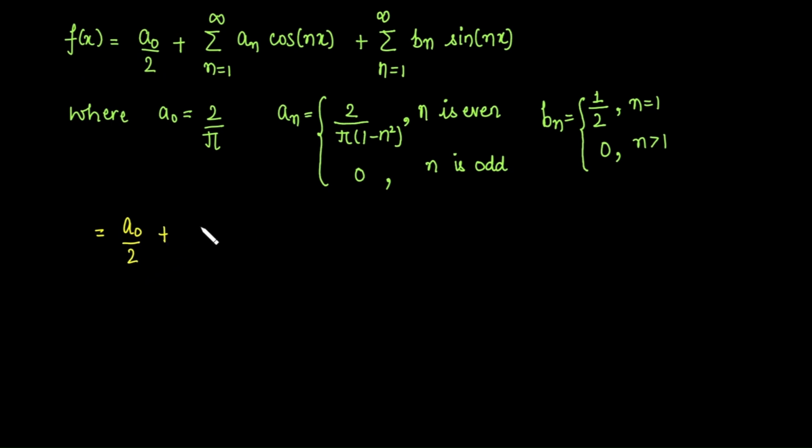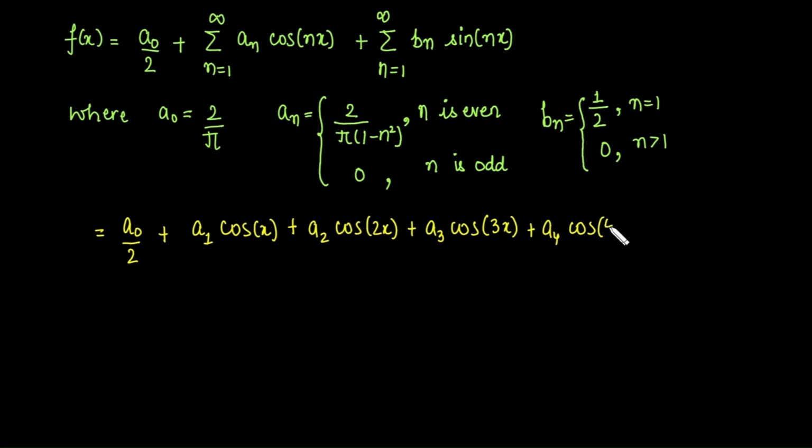So we have a1 into cos of x by substituting n equal to 1, then plus a2 cos of 2x for n equal to 2, plus a3 cos of 3x for n equal to 3, a4 cos of 4x plus a5 cos of 5x, and so on.